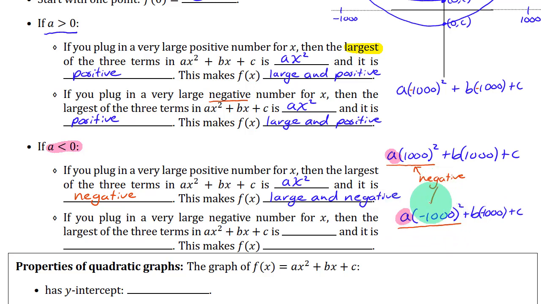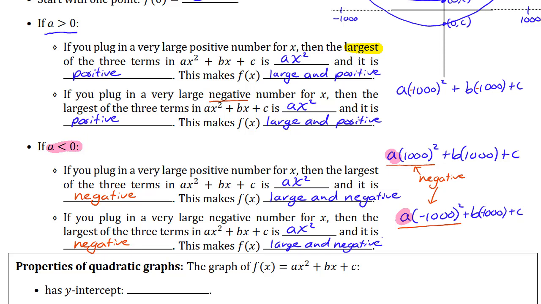Multiplying it by a negative value of a makes the result negative. So it's still going to be the largest part, and it is going to be negative still. And this is going to make the whole thing, this really big negative number plus these other smaller numbers, large and negative.